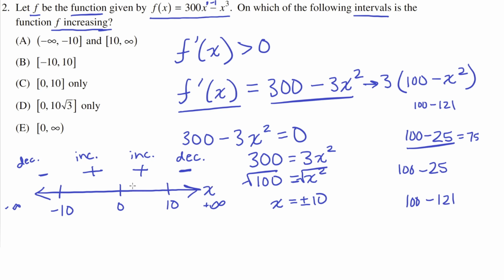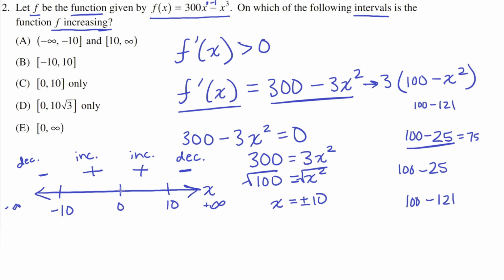It doesn't matter which number we choose, as long as they are in the separate intervals, the sign of any number in an interval will all be the same. So it doesn't matter if we're in the interval between 0 and negative 10, whether we choose negative 1 or negative 9, it'll always give us a positive number for f prime of x, because we already calculated that negative 5 gave us a positive number.